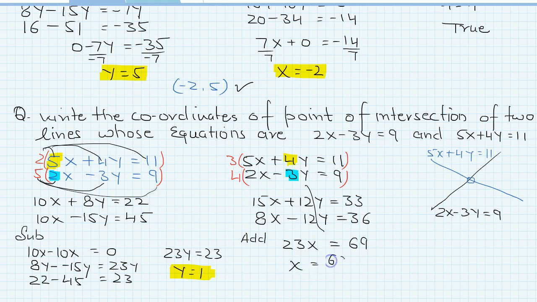So x will be 69 over 23, so that will be 3. So x is 3. So the point of intersection will be (3, 1).